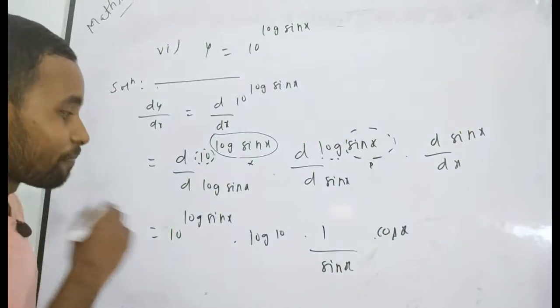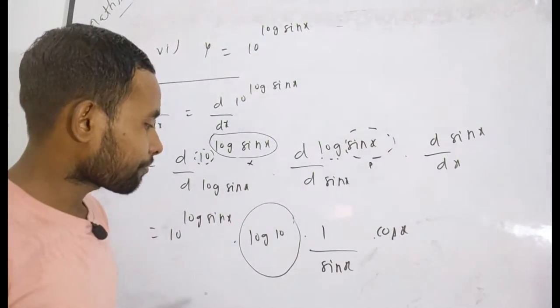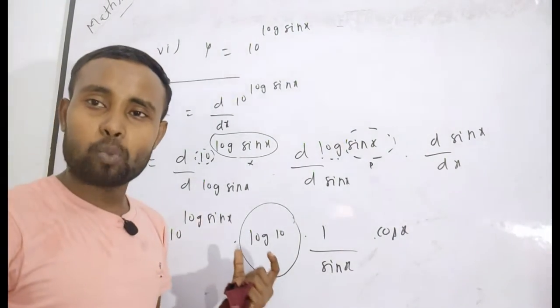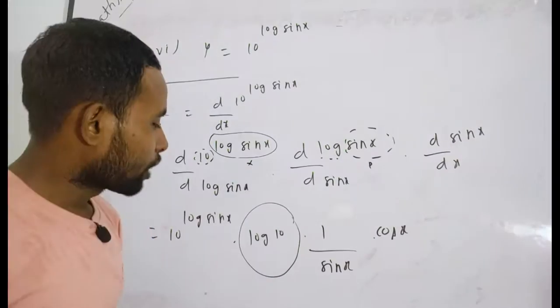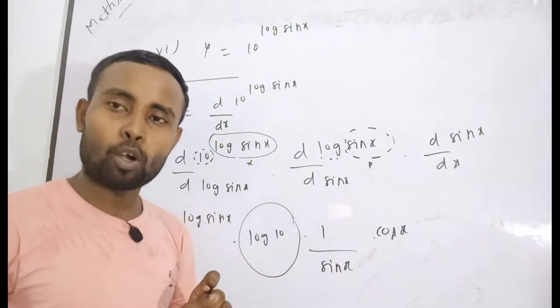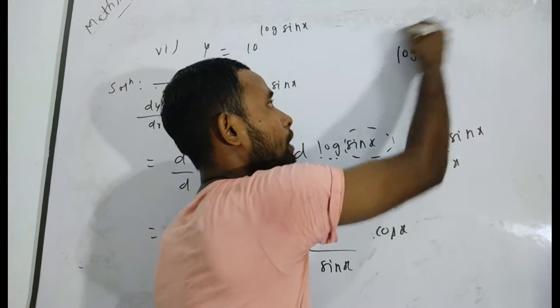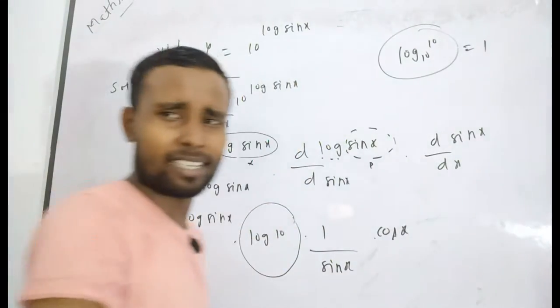I want to tell you, sometimes students make a kind of mistake. That's why I want to repeat it again. You can't take log 10 equal to 1. I have already told you, when you discuss log 10 to the base 10, that will be 1. This is correct.